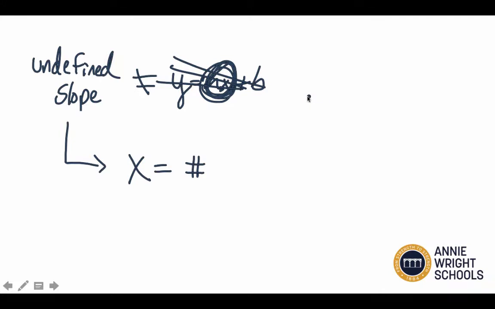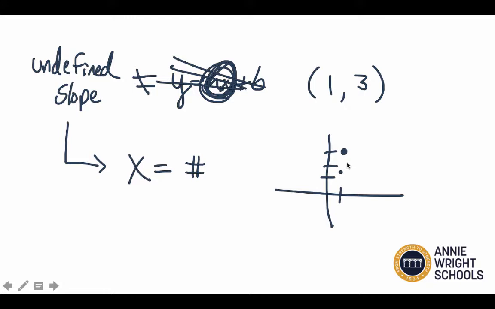So if I tell you there's an undefined slope that goes through the point (1, 3), all you have to think about is that the coordinates (1, 3) are right here. If it's an undefined slope, then it's a vertical line, and so the equation of that line would be x equals 1. If I told you it was an undefined slope and it went through the point (3, 1), well, (3, 1) is over here.